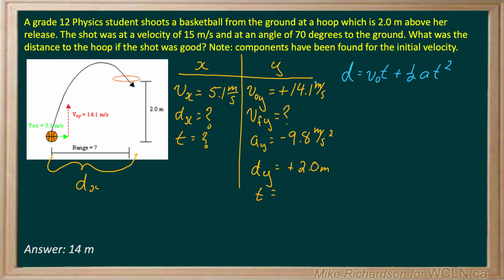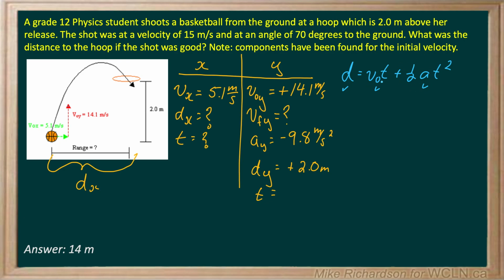Now, because there's no zeros at all, there's no initial velocity that's zero, there's no displacement that's zero, you've got a term in every spot. There's going to be a value here, and a value here. So you're going to have to use the quadratic formula to solve for t. So whatever's in front of the t squared becomes a in the quadratic formula.